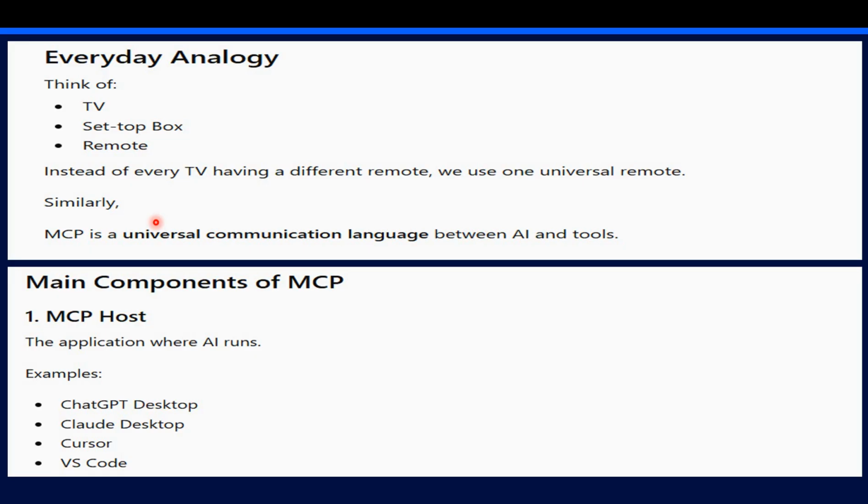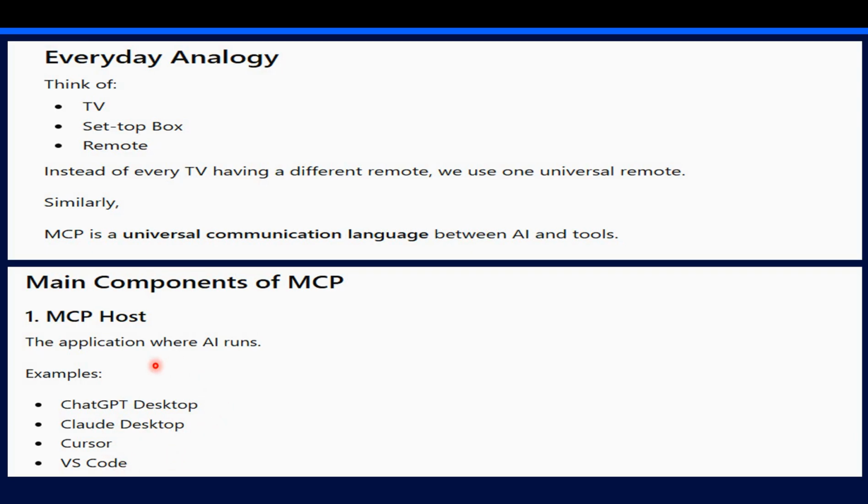Now we will move further and talk about the main components of MCP. There are mainly four main components. The first one is the MCP host, the application where AI actually runs. It's a place where we are going to run the AI, like ChatGPT desktop, Claude desktop, Cursor, VS Code.